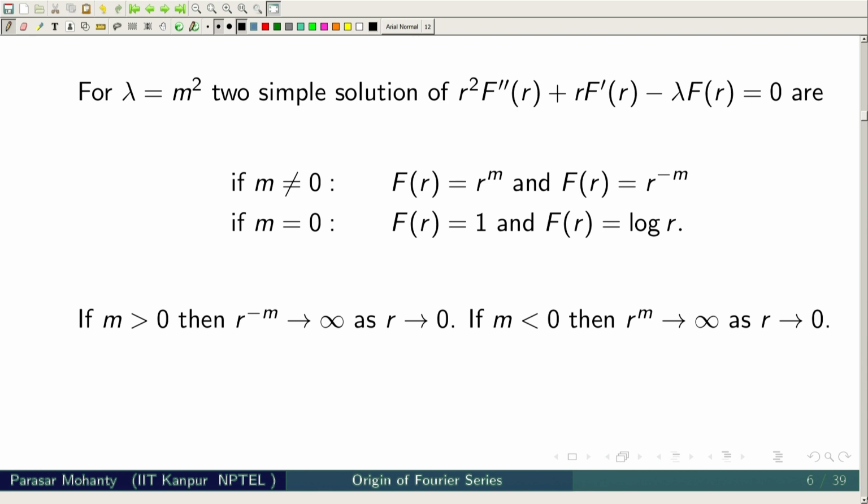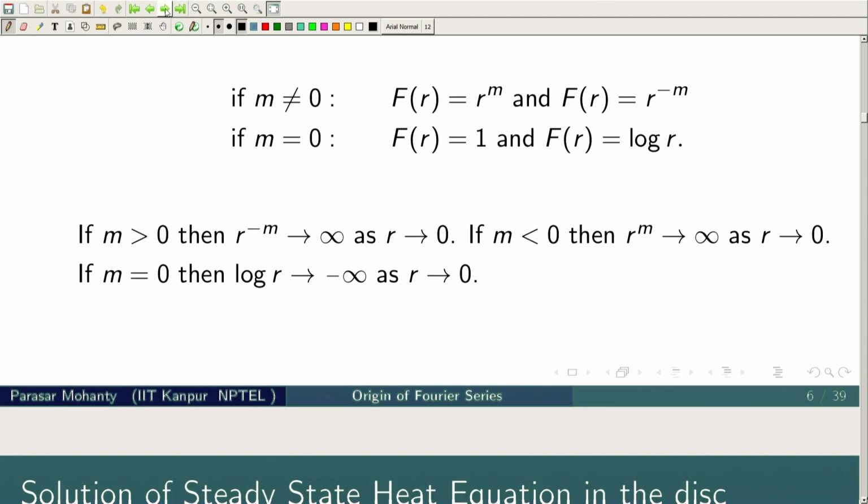And if m is equal to 0, then log r also goes to infinity as r goes to 0. And remember that we are looking for a bounded solution. Therefore, for each m belongs to Z, we can discard this. So, we get u m r theta equal to r to the power mod m e to the power i m theta.